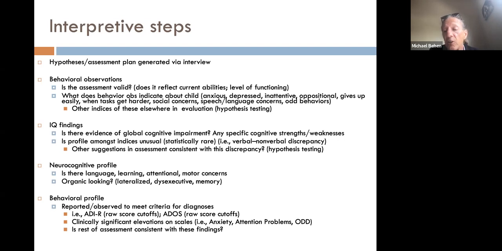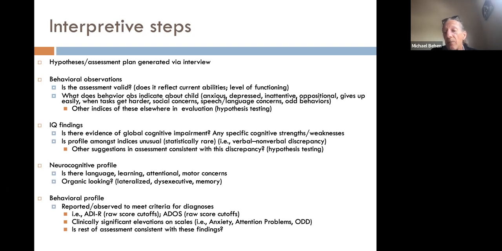A child who's having trouble understanding language will have some difficulties in some aspects of an assessment because of that language problem. A child who is having trouble sustaining attention may have trouble sustaining attention during the assessment.